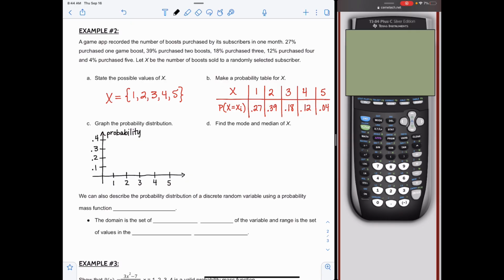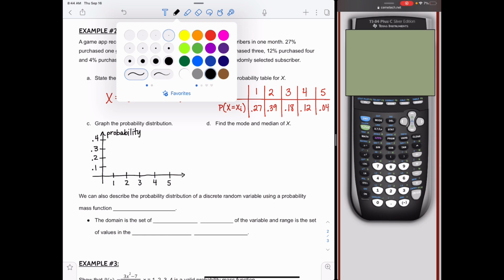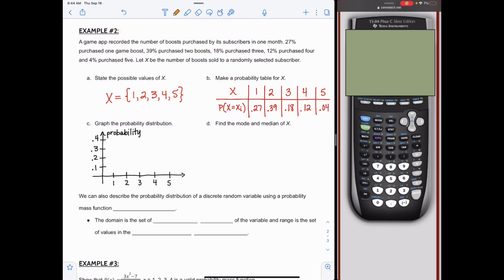Okay, so the probability that they buy 1 boost is going to be 0.27. So I just estimate it's going to be a little bit above half.